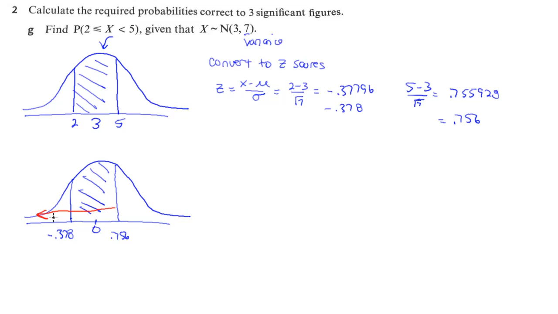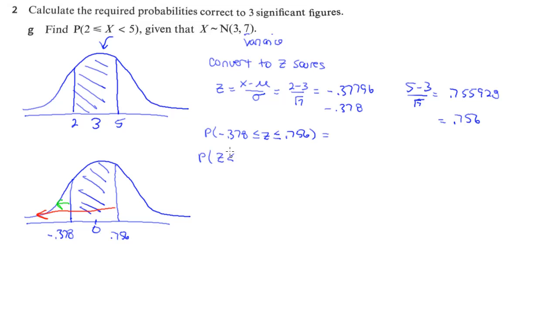And so what I'm going to do is find everything less than 0.756 and take away everything that's less than negative 0.378. So I'm going to write that down to let people know what I'm doing. The probability that z is less than 0.756 and greater than negative 0.378, this is how I'm going to do it.